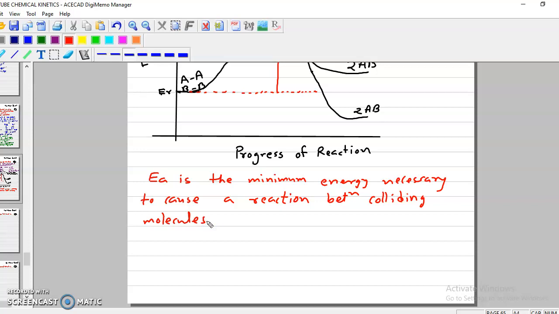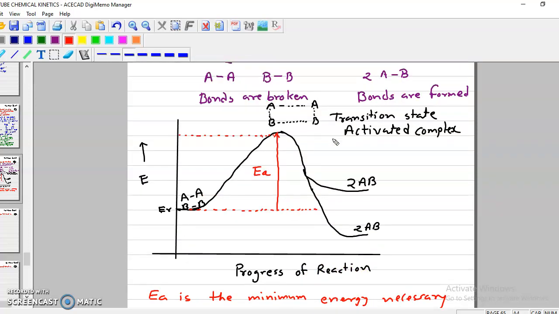Only molecules that collide with a kinetic energy greater than EA, the energy of activation, are able to get over the barrier and react. That is why we get product. So these are the conditions to get the products: first, A and B should collide with each other, and second, they should have the minimum energy of activation at this level.